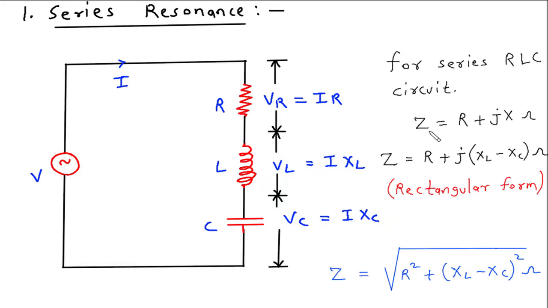I into XC. For a series RLC circuit, Z is equal to R plus jX, where this X is the reactance and it is equal to XL minus XC. This is a rectangular form.